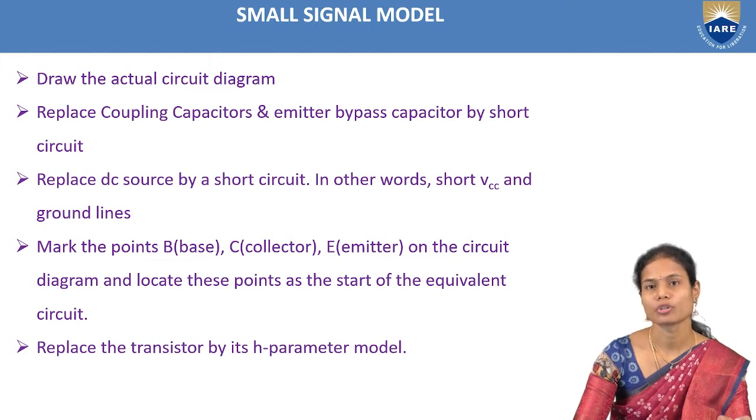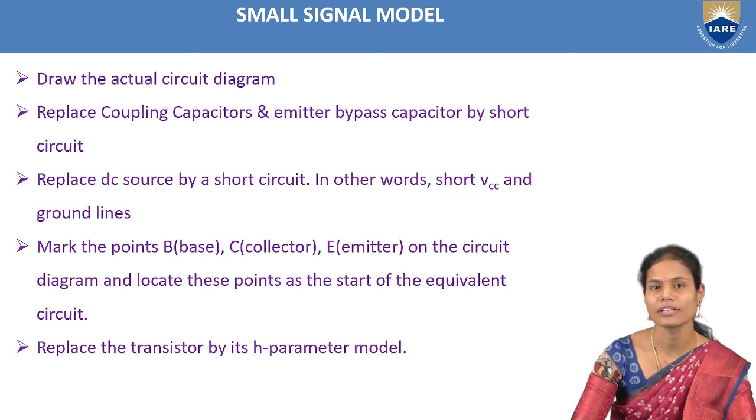And then we have to mark the points base, collector as well as emitter on the circuit diagram and locate all the points in order to get the equivalent circuit. Then after that, we have to replace the transistor by its H parameter model. So this is the procedure to represent any basic amplifier in H parameter model.